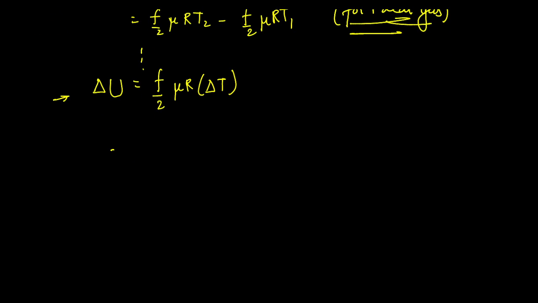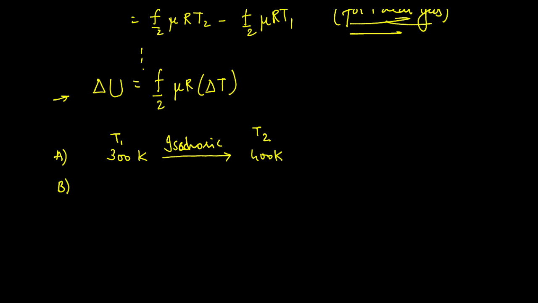Suppose you have some system and the system's initial temperature is 300 Kelvin. Okay, and you go from 300 Kelvin to, let's say, 400 Kelvin. That is, you increase the temperature. But in this process A, we keep the volume constant. That is, it's an isochoric process.